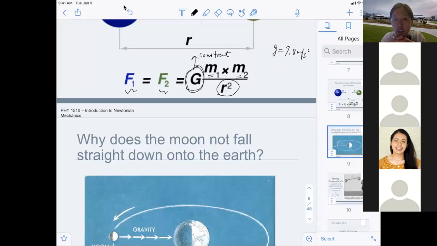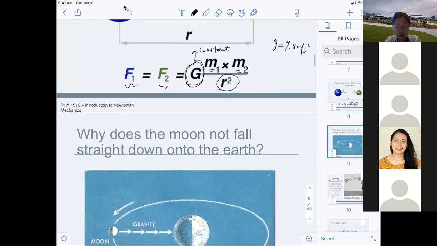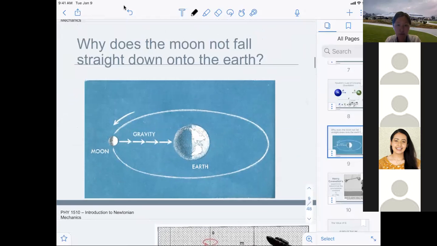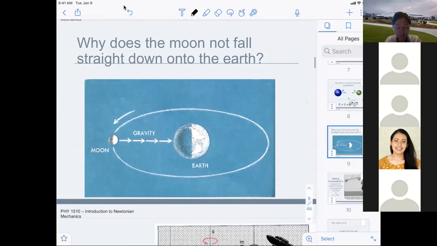That's because G is very small. And also all the other objects, compared with the mass of the Earth, have very small mass. So the other attractions can be ignored. So we only consider our weight from the attraction of the Earth, but not from any other objects.